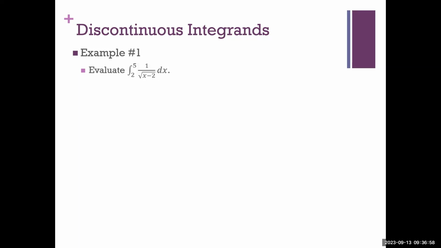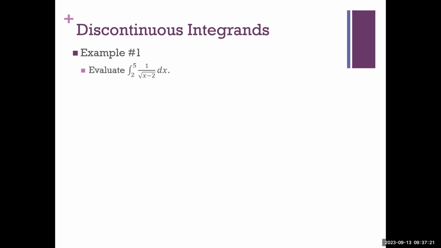They're both real numbers, 2 and 5. So what's the problem here? What's that? You get 1/0. Right, so this function is not even defined over the full interval, right? So it's undefined at the left end of it.